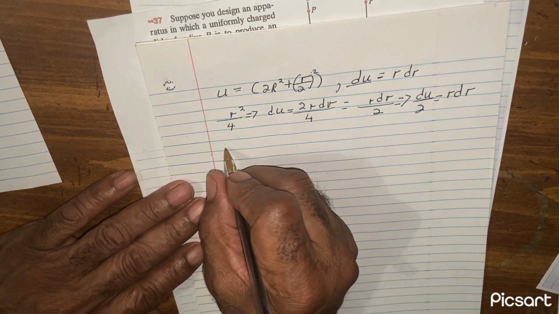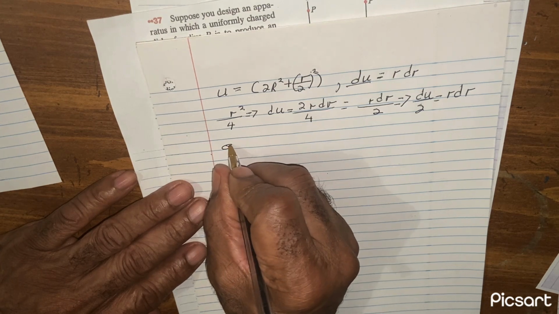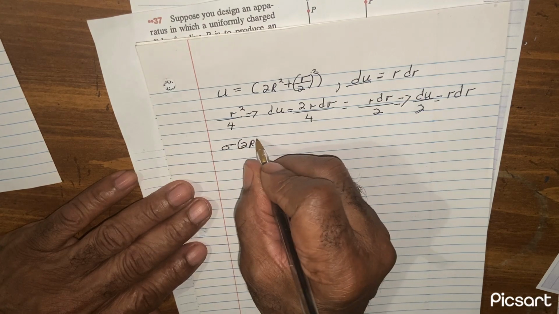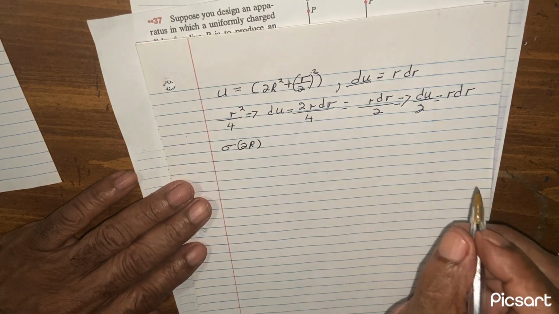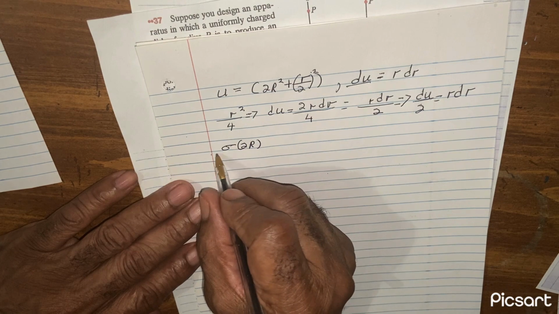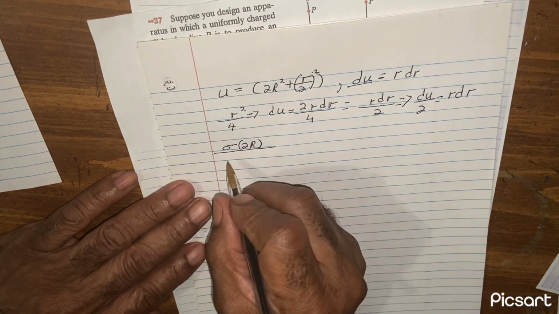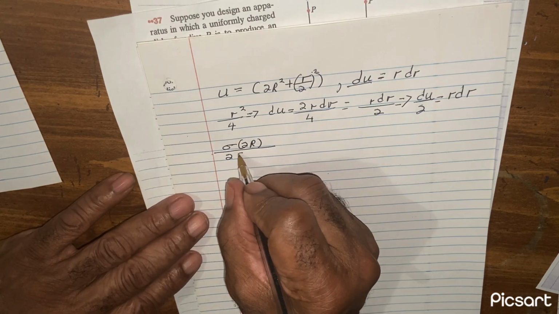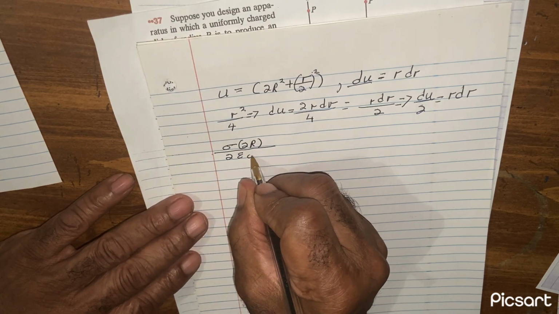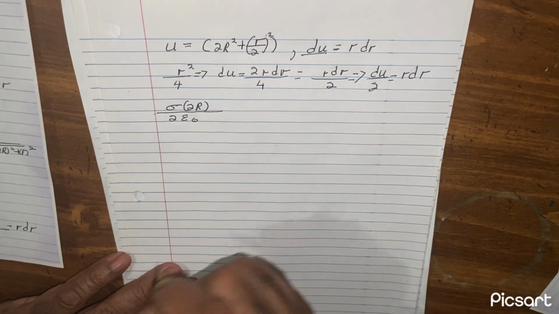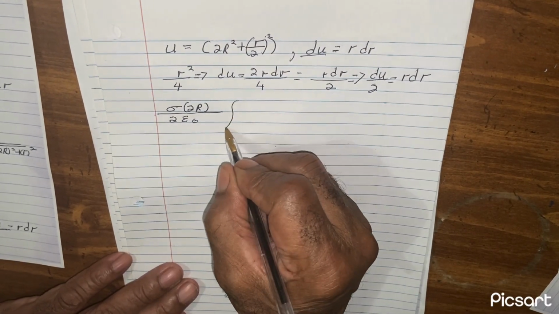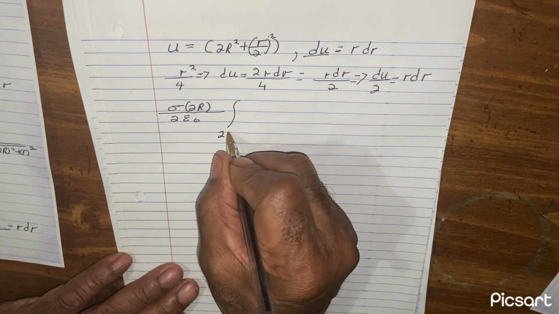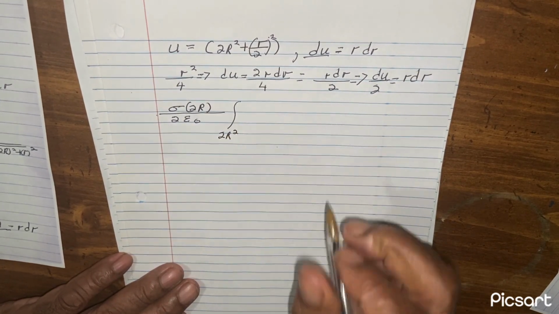So we're going to have sigma 2r, that doesn't go anywhere from before, over 2 epsilon naught, and we're going to have limits again. When this is 0, we have 2r squared.